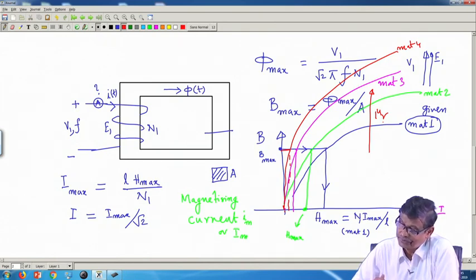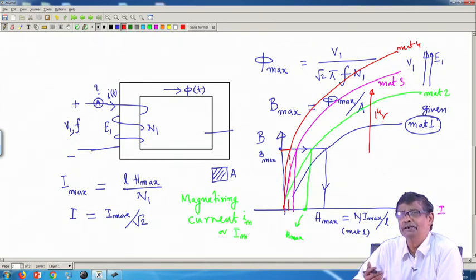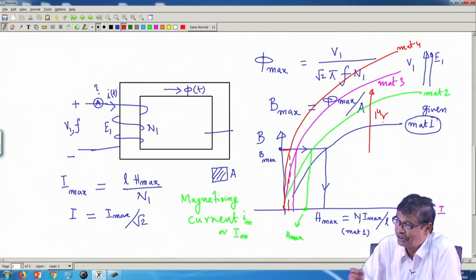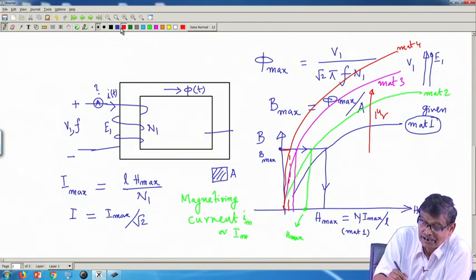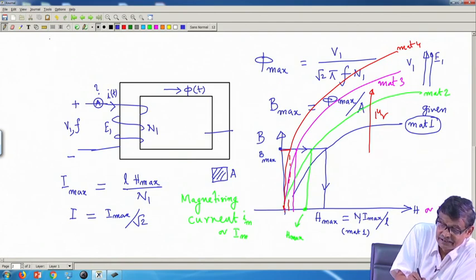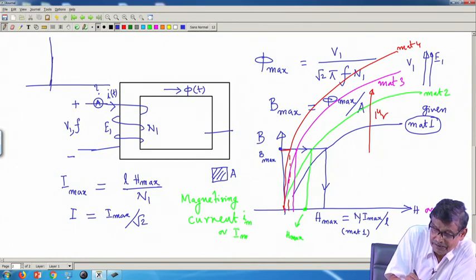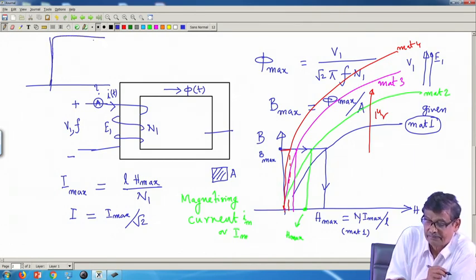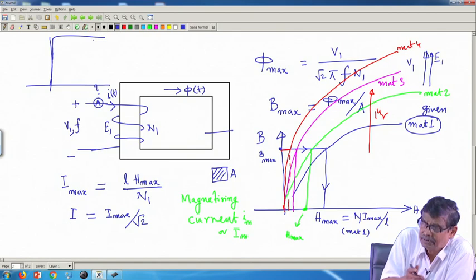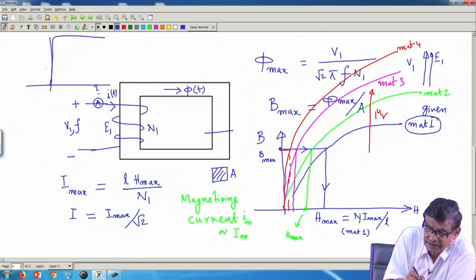Therefore, suppose mu r is very high, tending to infinity, what does that mean? It means the BH curve will be something like this, very steep, and therefore, to create flux you require very little current.